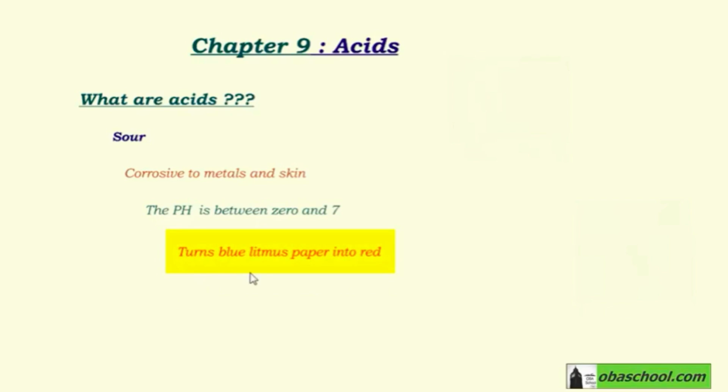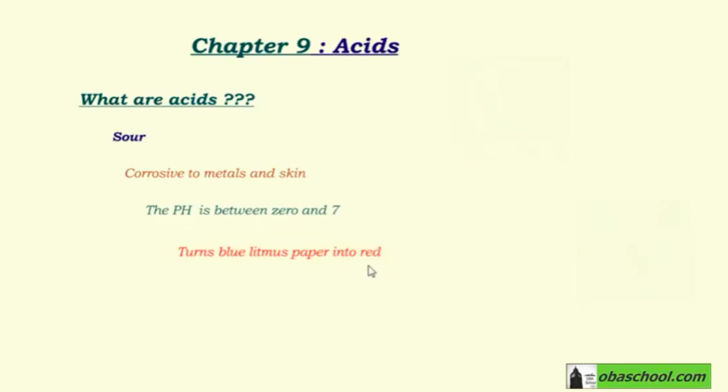Acids turn blue litmus paper into red. Litmus paper is a colored paper, like a light colored paper. Whenever placed in a solution, it turns red if the solution is an acid, or blue if the solution is an alkali, or purple if the solution is neutral.